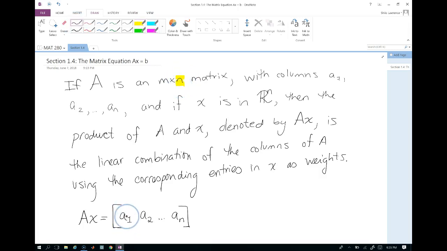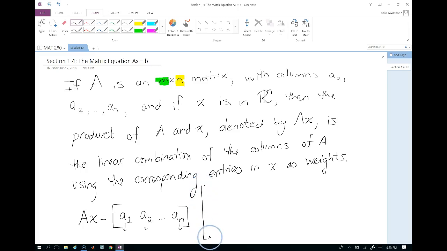Each column A sub 1 has m entries going down. We're only interested in the columns because that's what we saw in section 1.3: each column represents a vector.